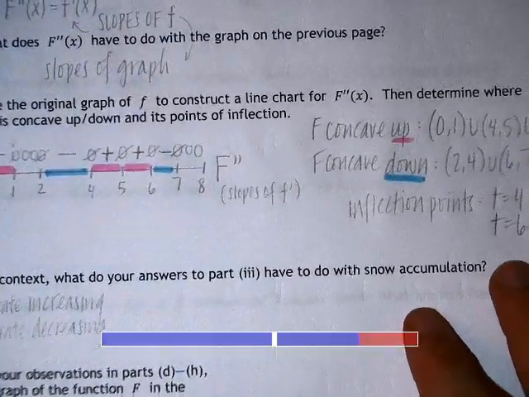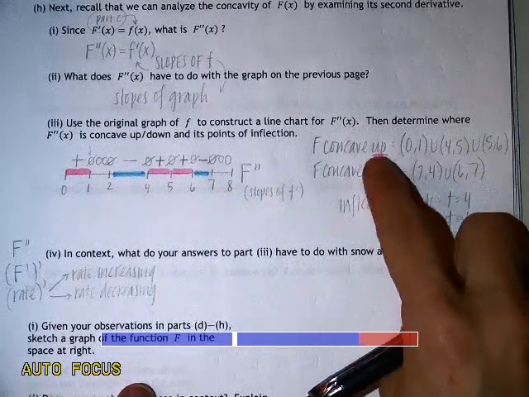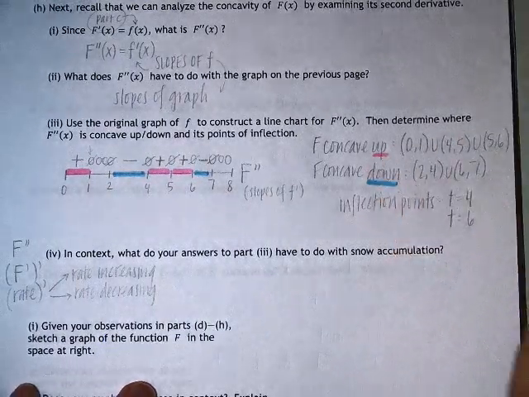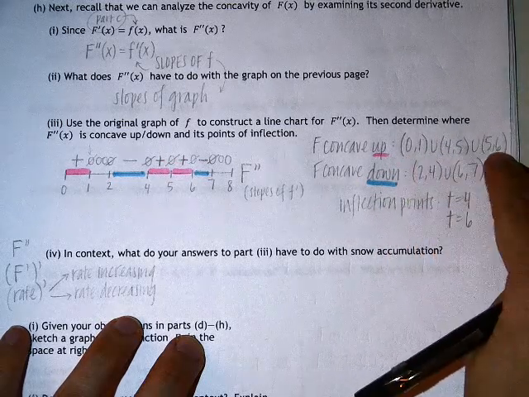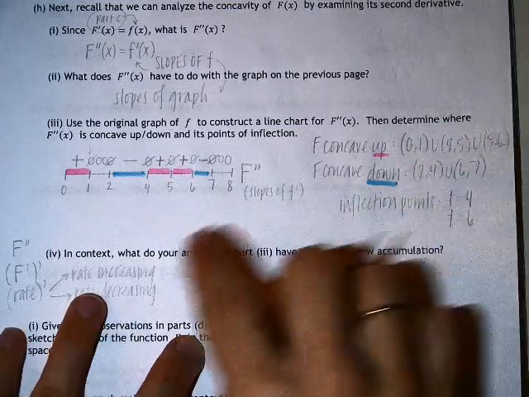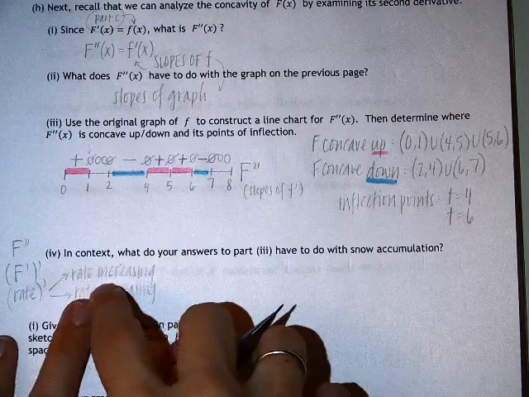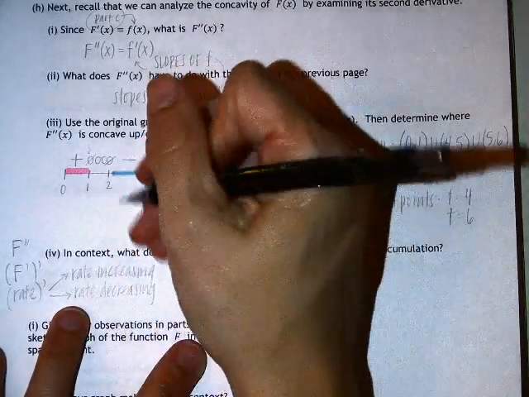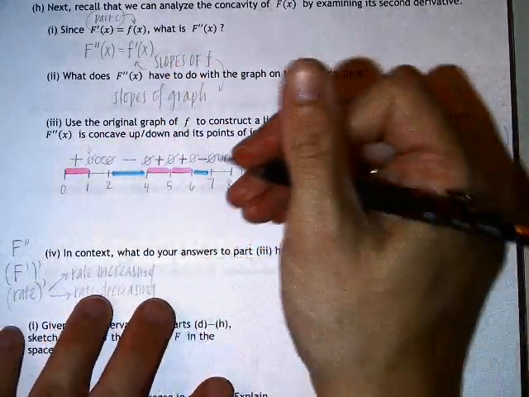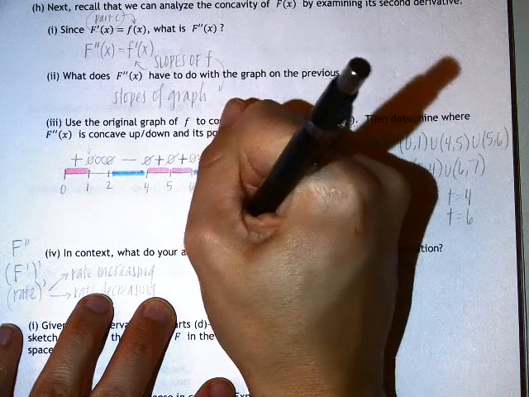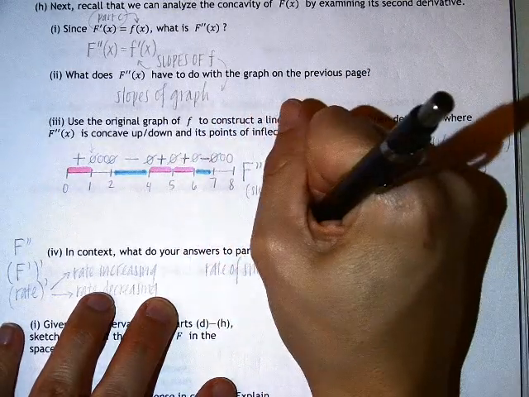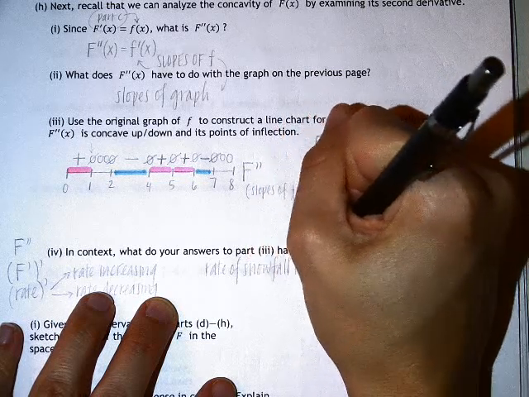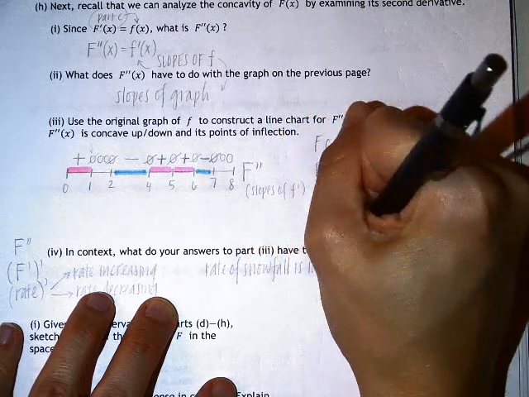So the answers to question H part 3 are as follows. Big F is concave up in these intervals, which means if big F is concave up, that means the second derivative is positive. That means the rate of snowfall, that's big F prime, is increasing.